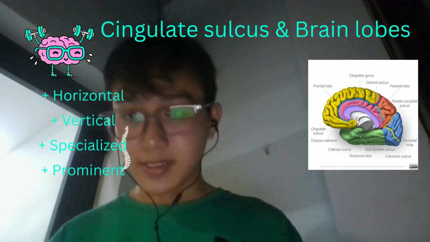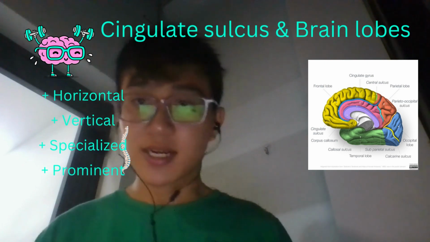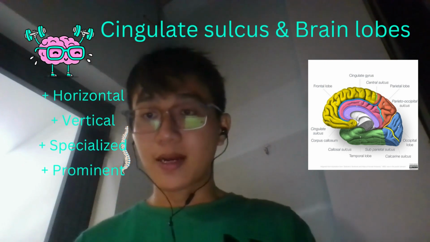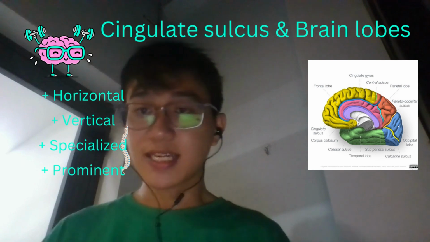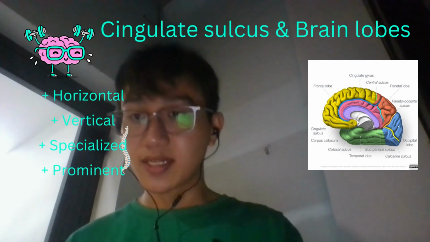Okay, so these are the four parts of the brain. The cingulate sulcus is adjacent to the cingulate gyrus, also known as the cingulate cortex.